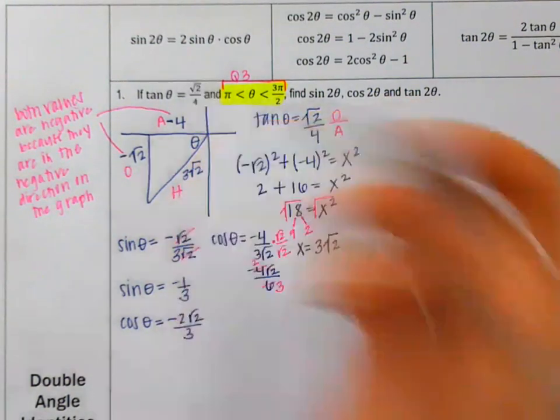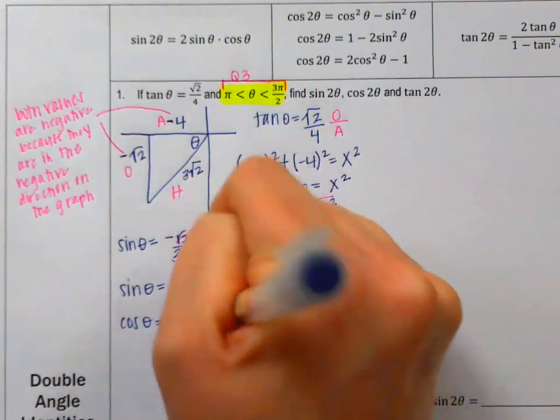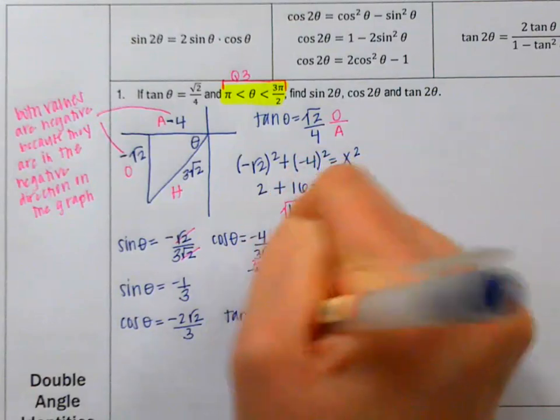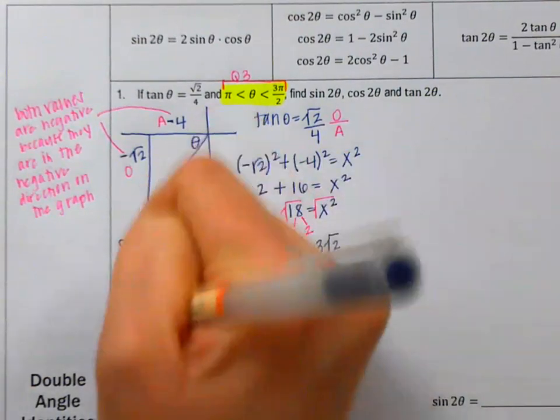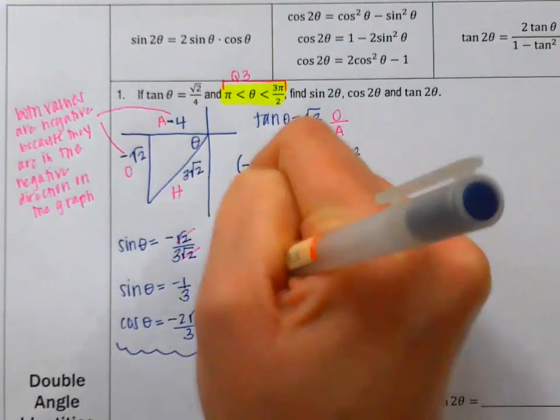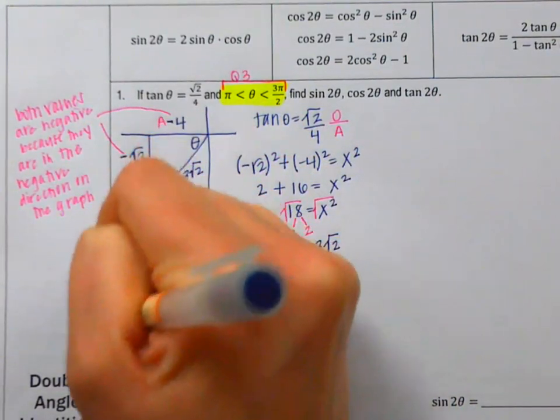And then we were given tangent theta, which is equal to rad 2 over 4. We are going to use this information to help us solve all the other ones.